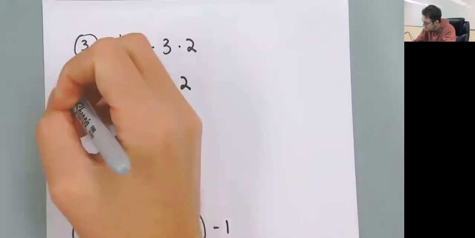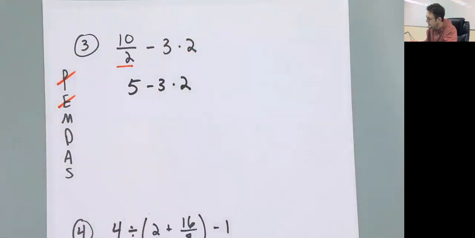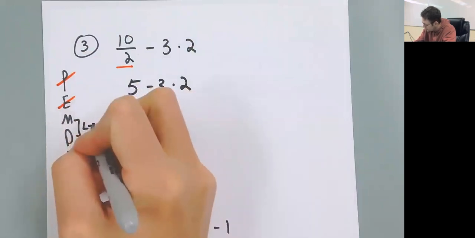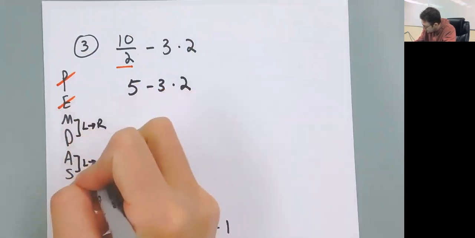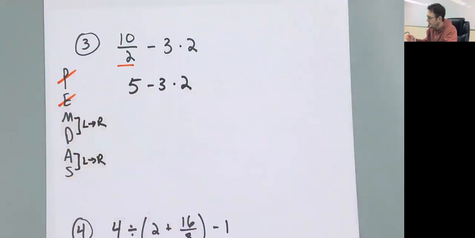No parentheses, no exponent. All right, remember these are blocked off, left to right, left to right. All right, we have multiplication right there.